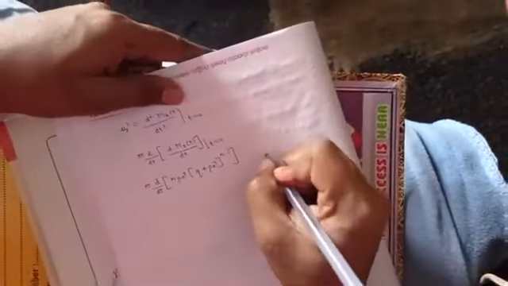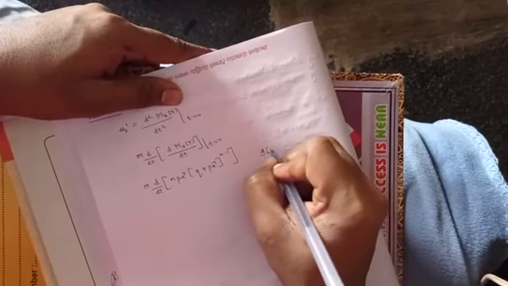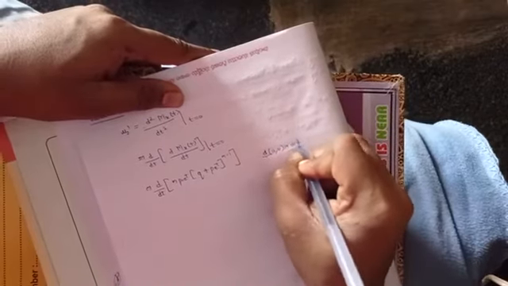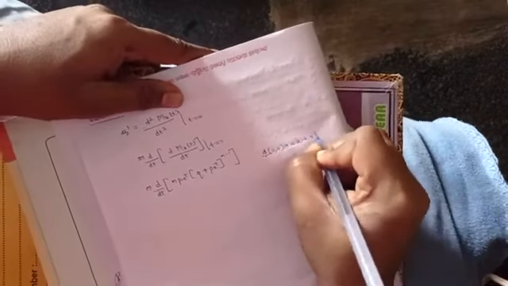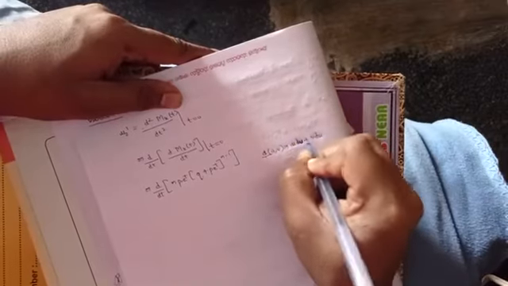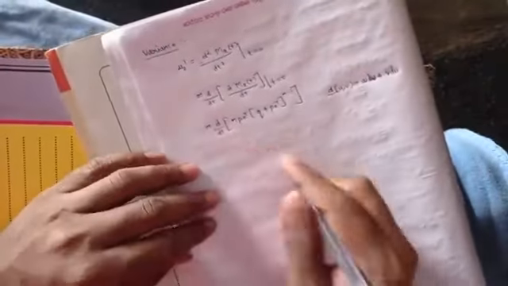In 12th standard we have learned that the differentiation of any uv can be written as u dv plus v du, right? So u dv plus v du. Now we have to differentiate based upon that.